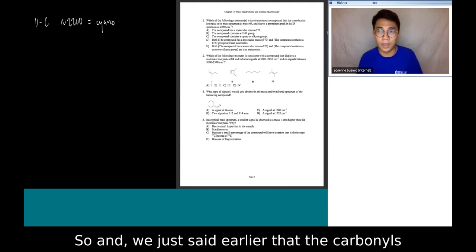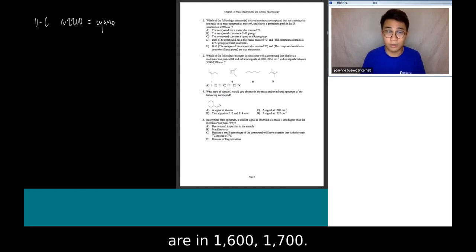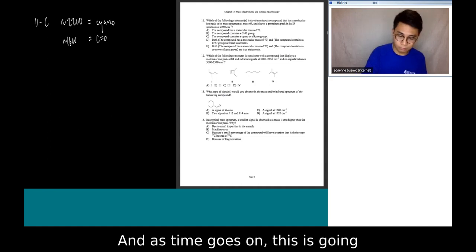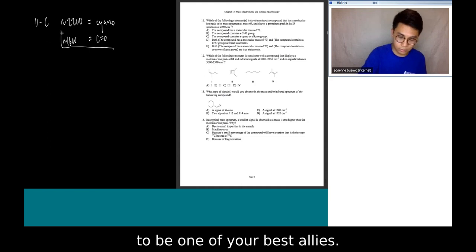And we just said earlier that carbonyls are in the 1600, 1700 range, right? CO, 1600-ish. And as time goes on, this is going to be one of your best allies.